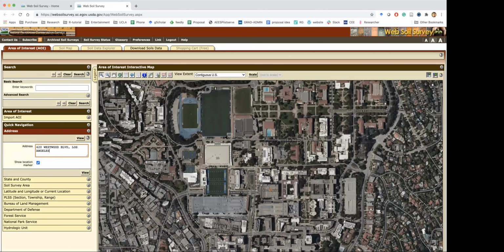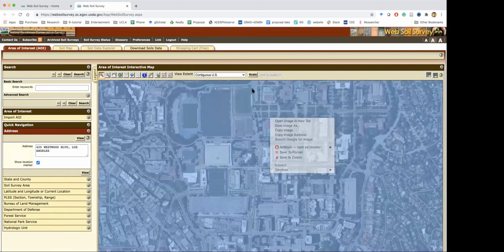And let's say you want to know where the soil site is in this location. Let's zoom in. I could not see, why is it not zooming in?